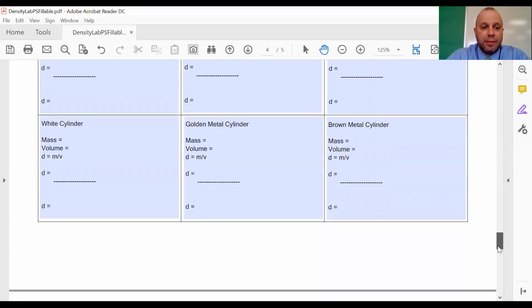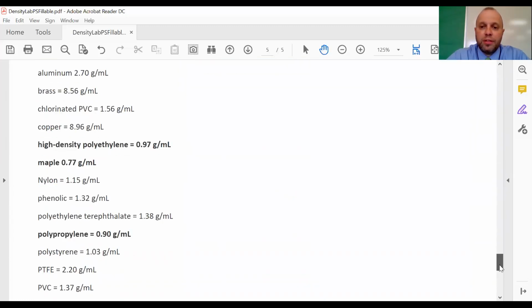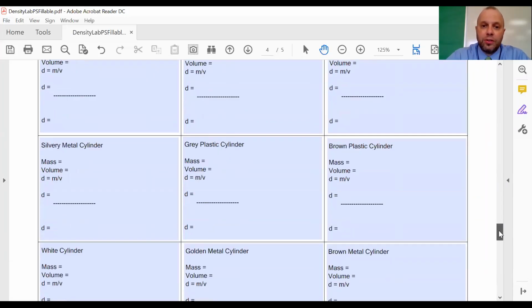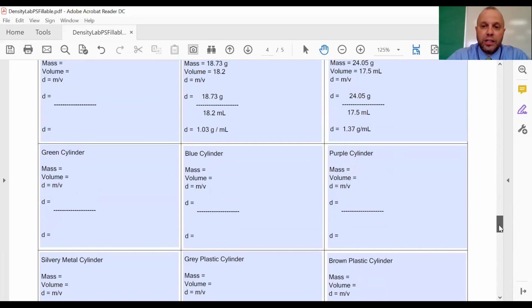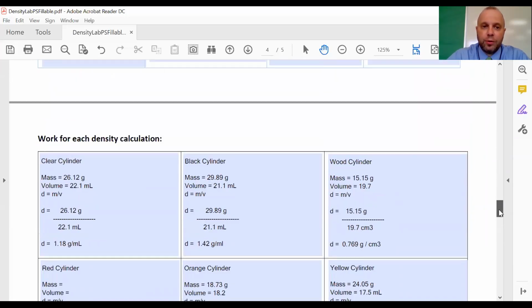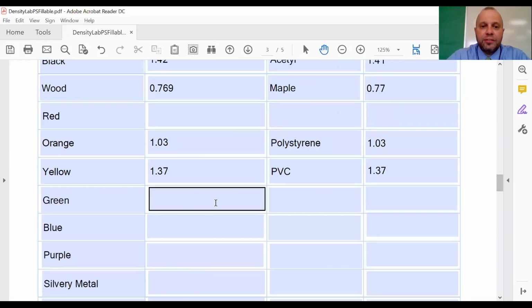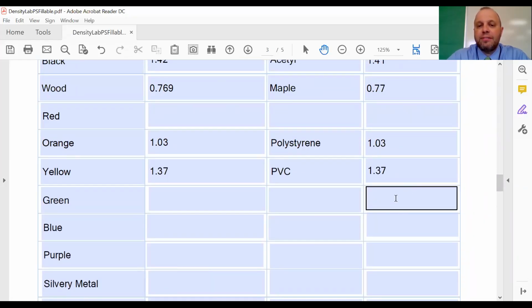Then you're going to use the table that follows to identify what the material is. By the way, there will be some duplicates, so you might see a material that we've already used again. If that happens, that's okay. And then you're going to put your final answer into here, along with what you believe it is, and the accepted value for that, which again is coming from that table on the last page.